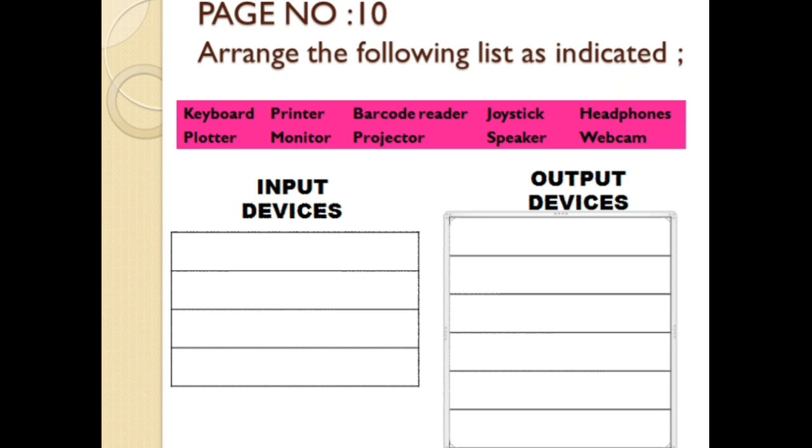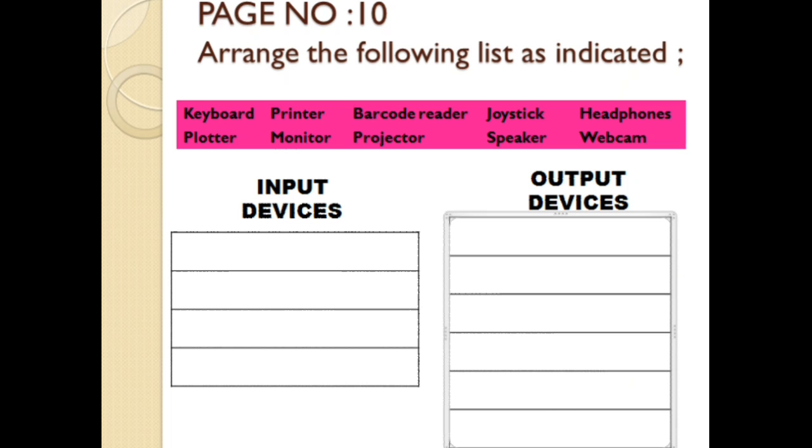So here we give some parts, and you have to arrange whether each is an input device or output device. What is your first word? Keyboard. With the keyboard we give instructions to the computer.